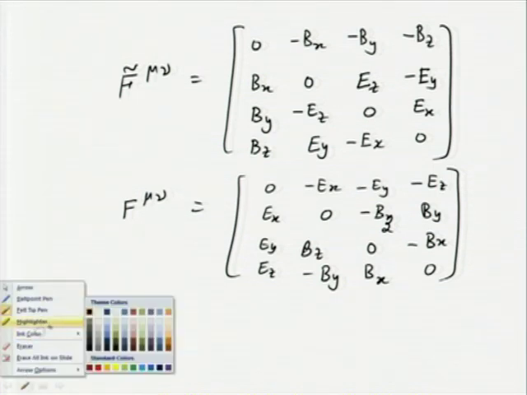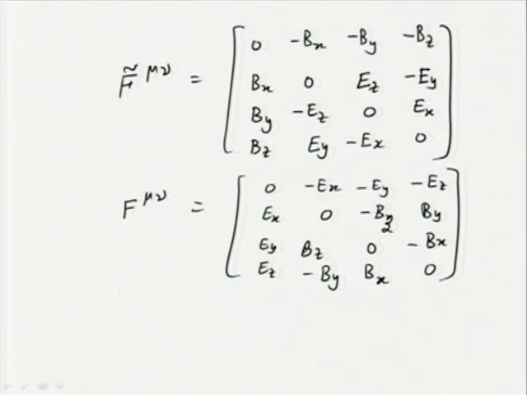So, you can see that we can get one from the other. How do you get one from the other? F tilde mu nu is obtained by taking, let us do the other way. You start with f mu nu, change E to B in all the components.